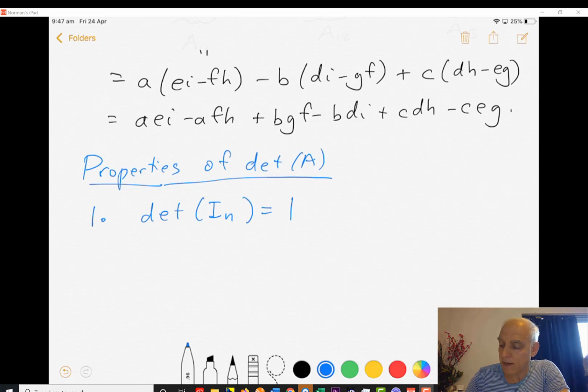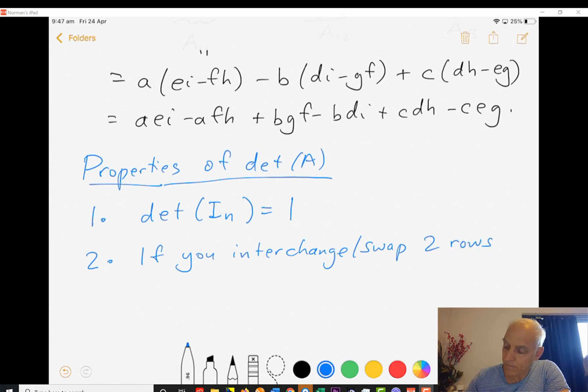Second, if you interchange or swap two rows or two columns, then the determinant changes sign.